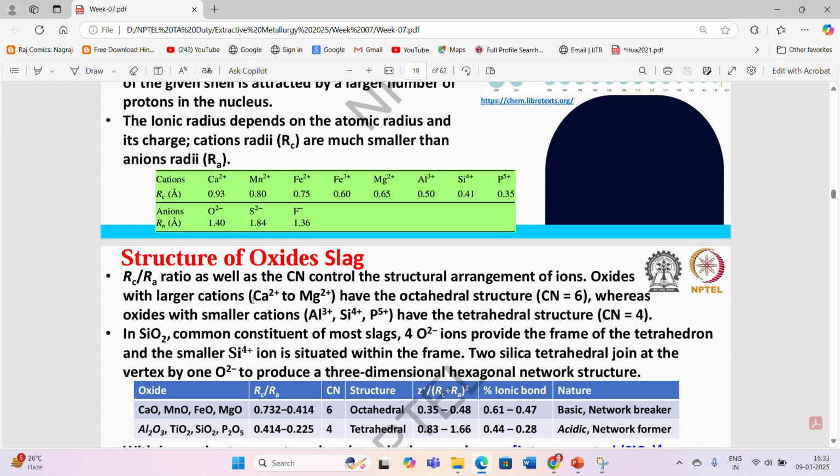Oxides with larger cations, for example calcium and magnesium, have the octahedral structure with coordination number of 6, whereas oxides with smaller cations, for example aluminium, silicon, phosphorus, have the tetrahedral structure. So the coordination number or the structure of the slag material will depend on the atomic radii of the cation or anion present inside that particular slag phase.